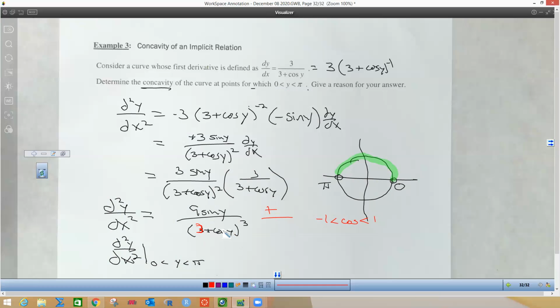So when you take 3 plus this, or 3 minus 1 would be the smallest, that's going to be a positive. So what that tells me is this thing is forever greater than 0. So the curve we're talking about right here is concave up for 0 less than y less than pi because of this whole thing right here.